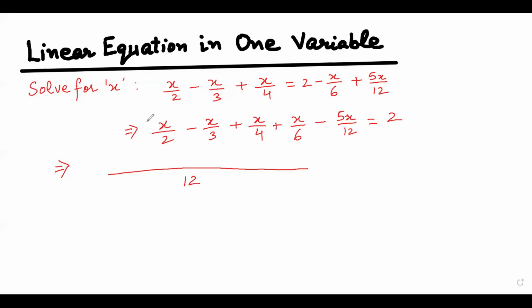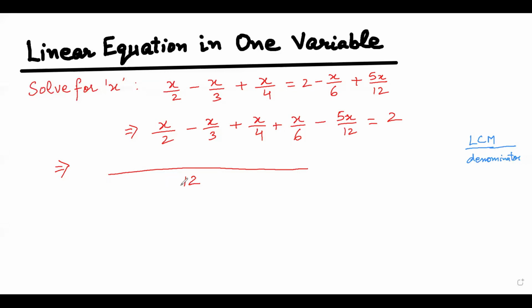Now look at this fraction, x over 2. Its denominator is not equal to the LCM, so we have to multiply its numerator by some number. That number will be LCM over denominator.